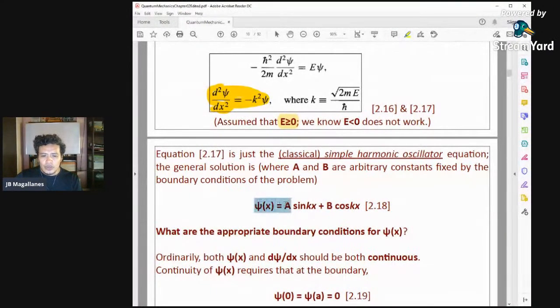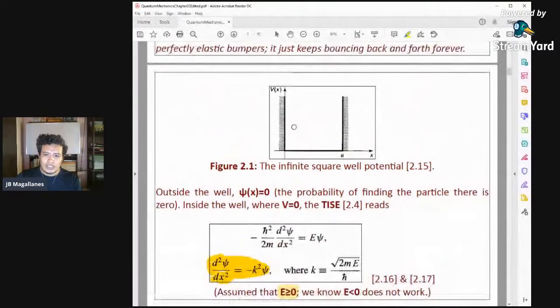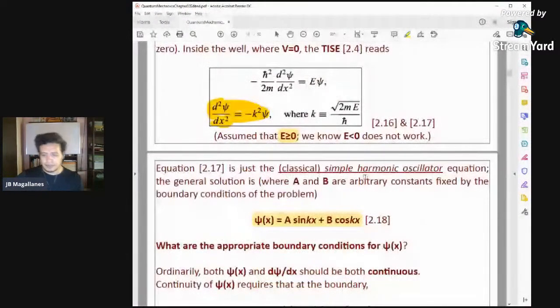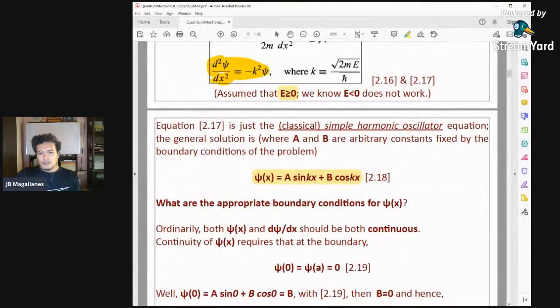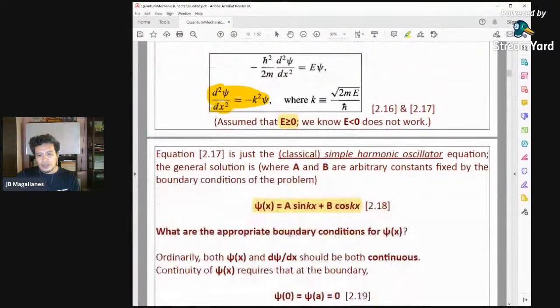But we use sine and cosine for phi of x because we know that a particle is bounded by some walls. The exponentials e to the positive or negative ikx could be used for a free particle without boundary. Here you have a boundary, so it's more convenient to work with sine and cosine.